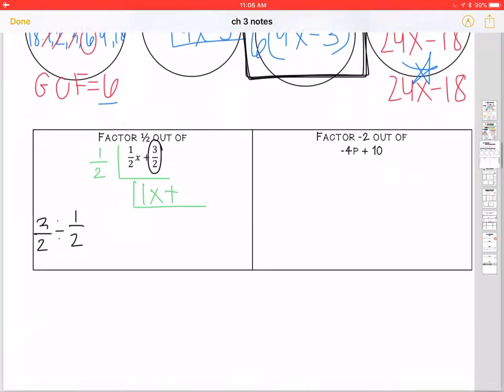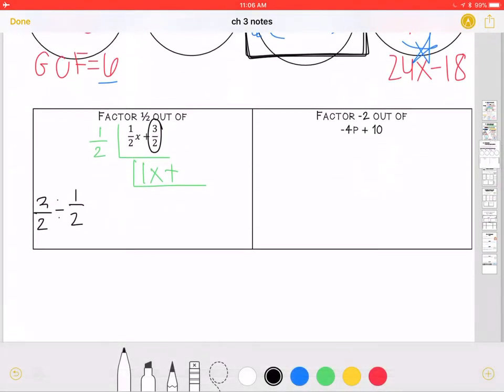So now what we're going to do is we're going to do this division. How do we divide with fractions? This was back in chapter 2. Hopefully we remember. Keep, change, flip. So let's do that. We're going to keep 3/2, change division to multiplication, and flip 1/2 to 2/1.